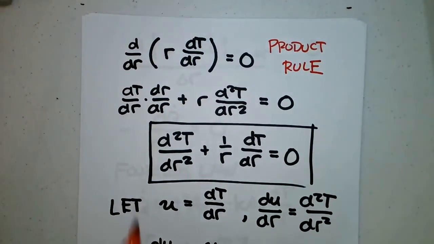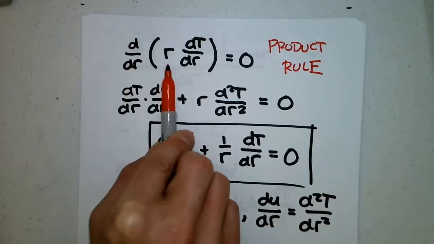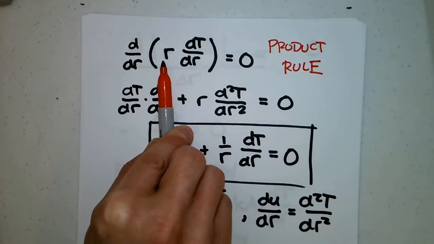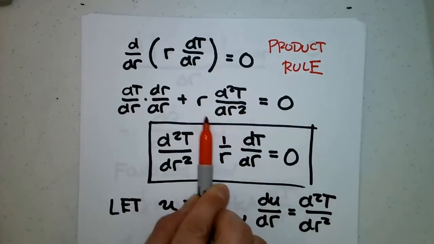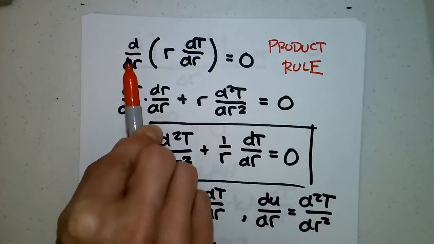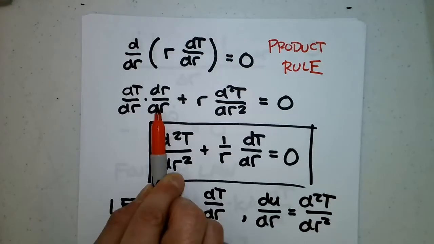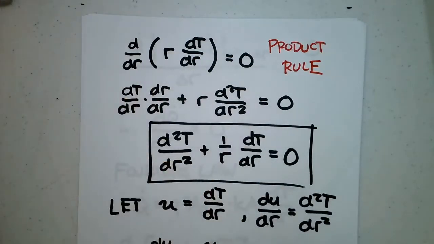That product rule basically says that if we have the derivative of two things being multiplied, we can take the first term and multiply it by the derivative of the second term, and add it to the derivative of the first term, dr/dr, multiplied by the second term, dT/dr. So that's what the product rule told us.